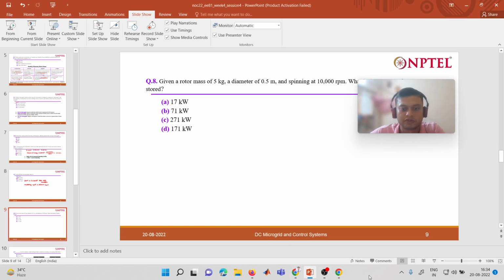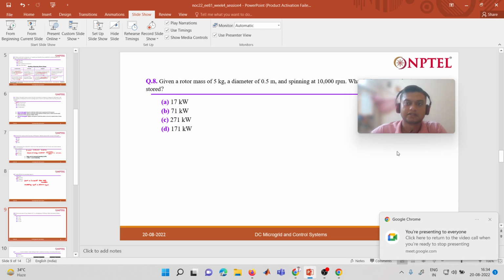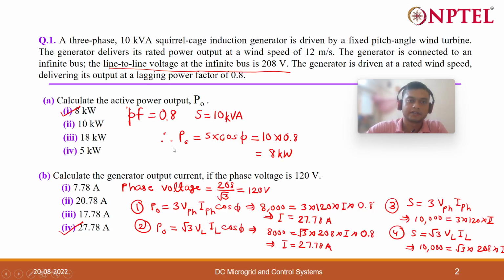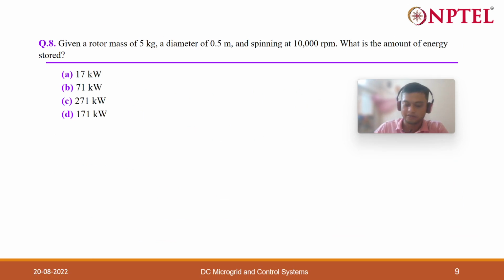For the fourth number question, Tasneem has given the correct answer. You can also try to solve this question parallelly with me. This 8th number: what do we have given?